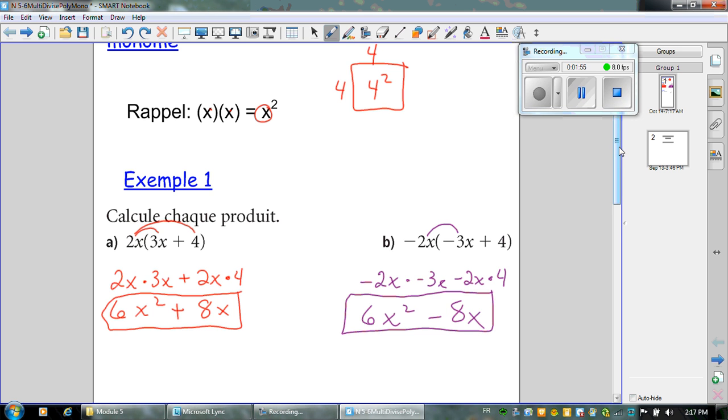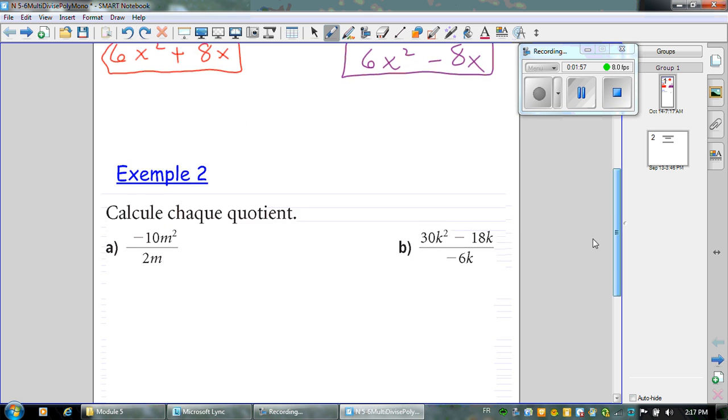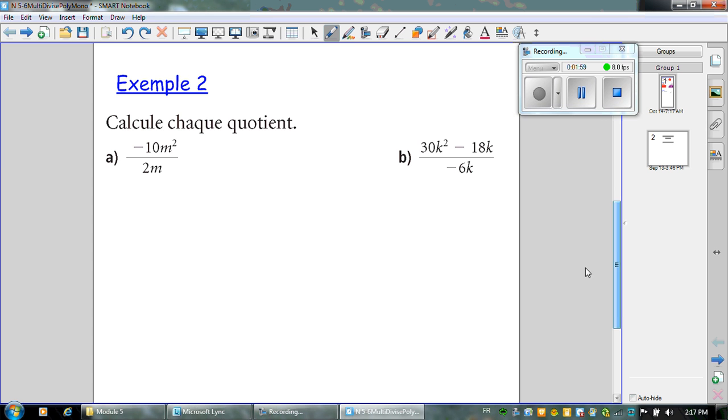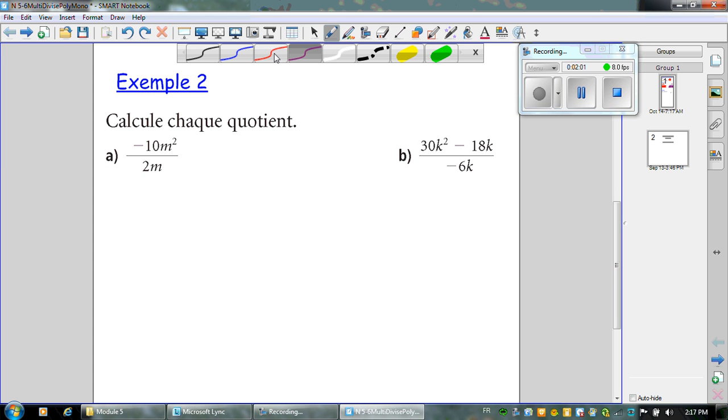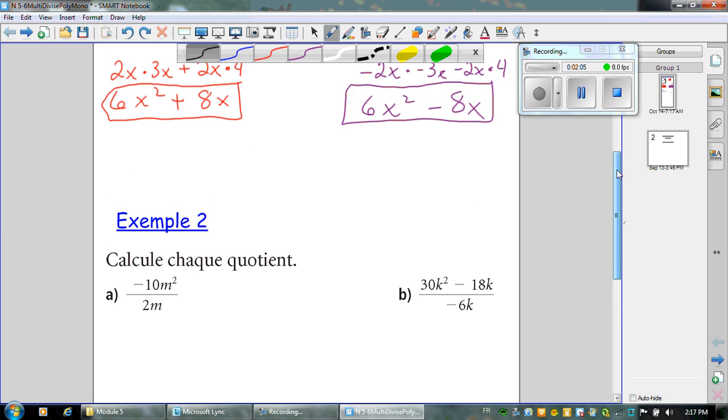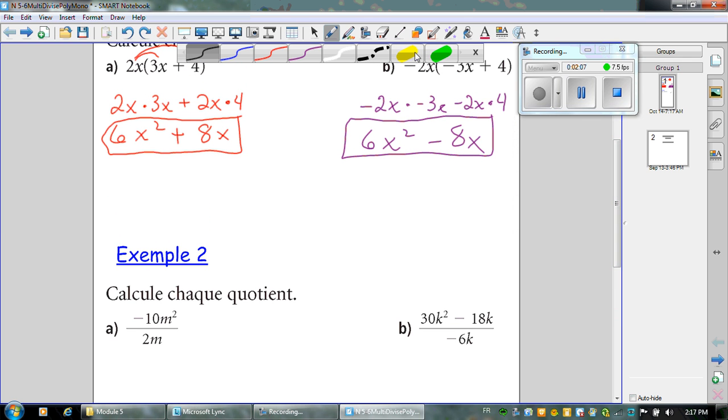Okay, moving on, we're going to look at division. So same idea, when you're dividing, the difference between multiplying and dividing is that when I multiply x's together, I get x squared.